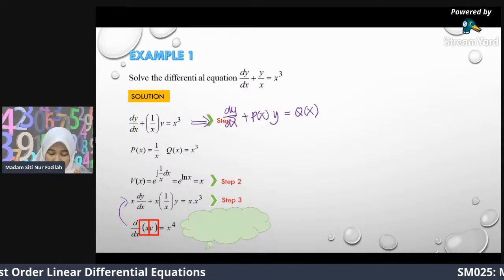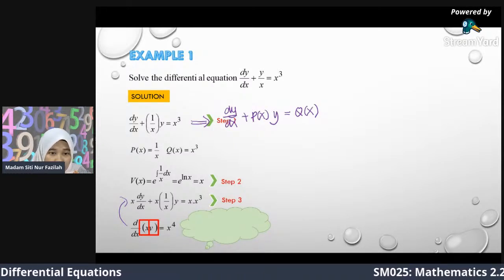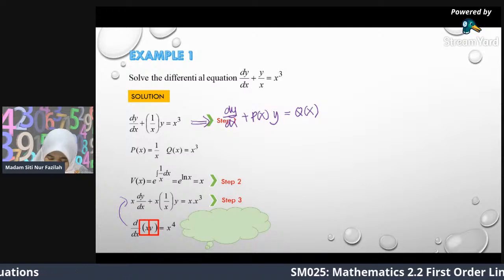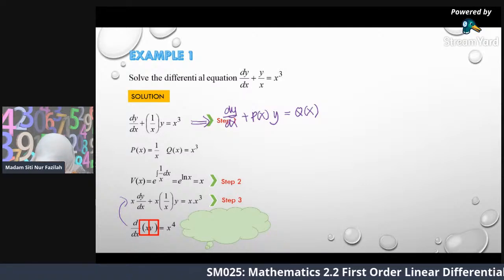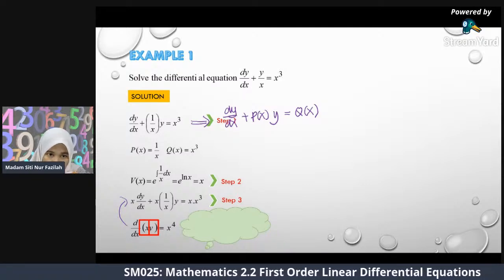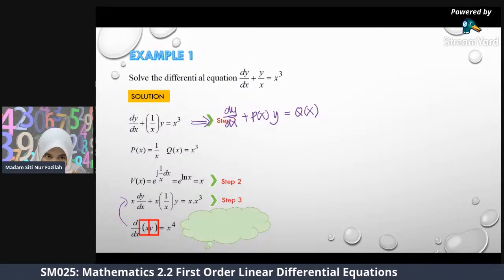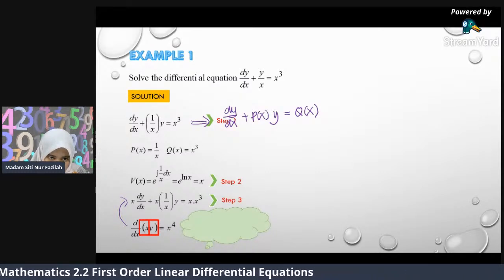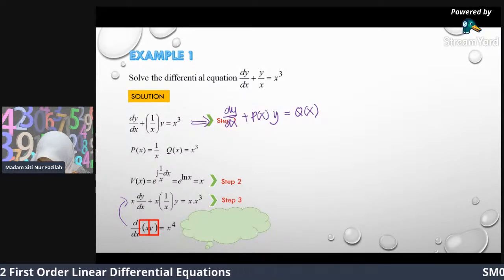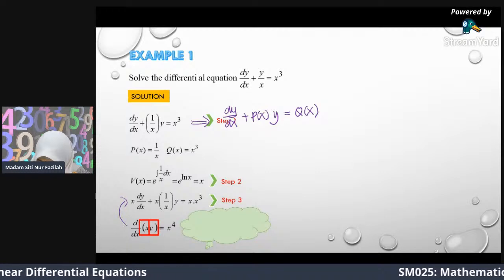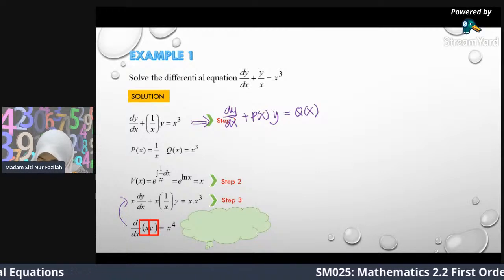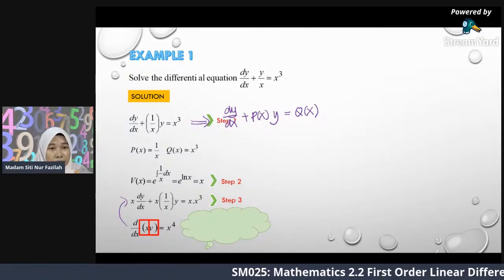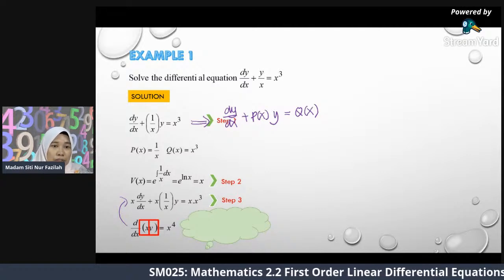We might use the product rule. Differentiating d over dx of xy using the product rule, we can get x dy over dx plus x multiplied by 1 over xy equal to x, multiplied with y.